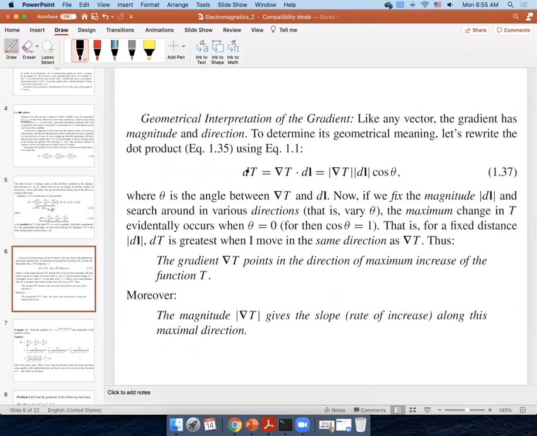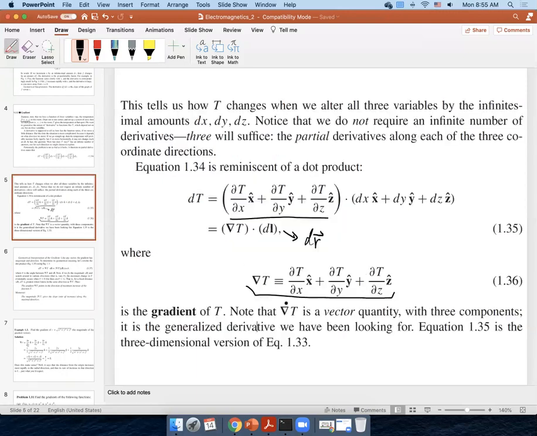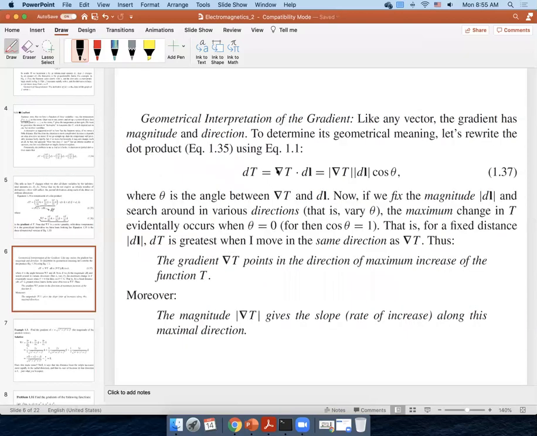Based on the operation of the dot product for two vectors, del T dot dl equals the magnitude of del T times the magnitude of dl times cosine theta, where theta is the angle between del T and dl. And dT finally should be a scalar.